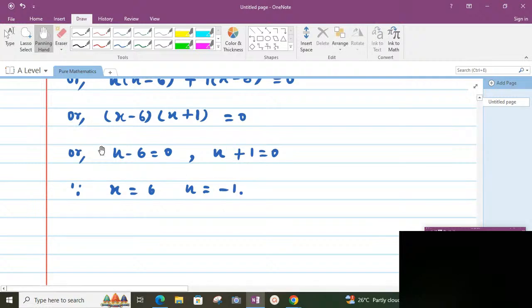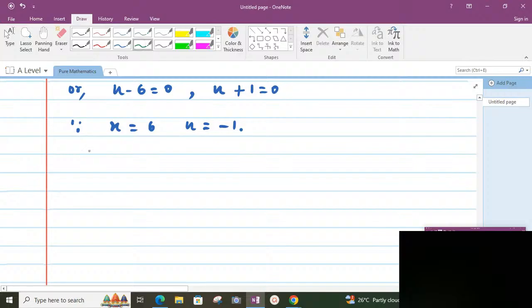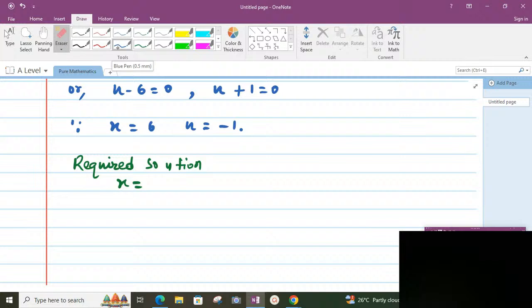So the required solution here will be x equal to 6 or minus 1, x equal to 6 and minus 1. This is the answer.